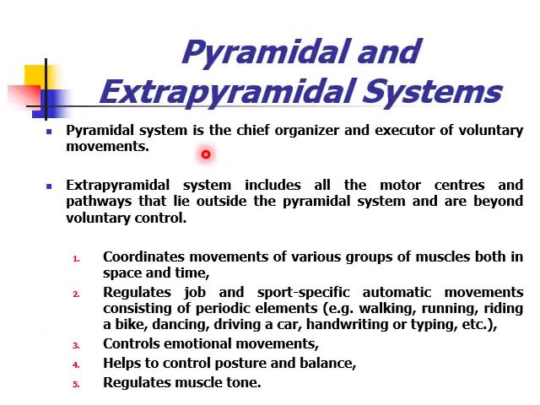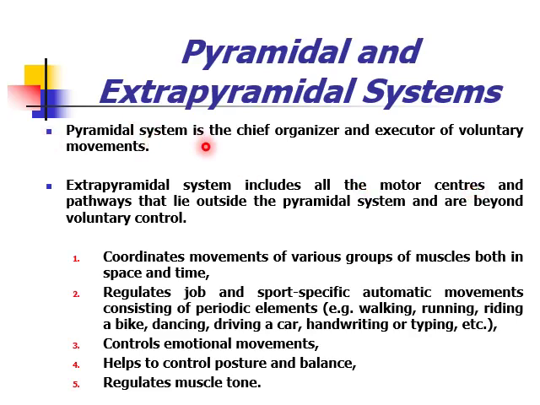The pyramidal system is the chief organizer and executor of voluntary movement. The first initial crude motor signals come through this pyramidal system. While the extrapyramidal system includes all motor centers outside the pyramidal system.